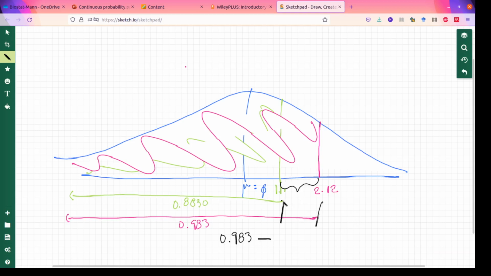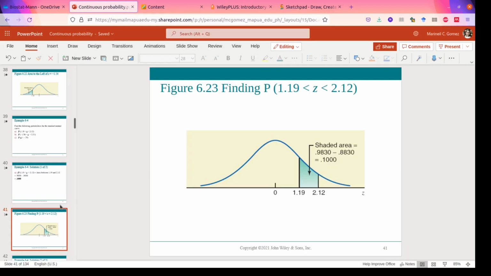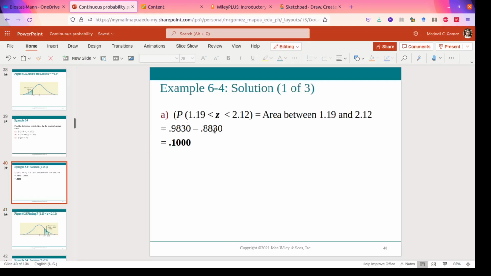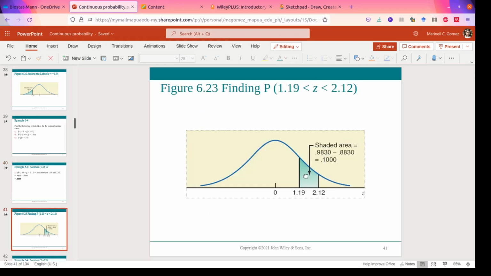And then minus, we don't want the areas to the left of 1.19, so minus 0.883. And so we will get our values now. So this is actually our probability. So 0.983 minus 0.883, that's 0.1. So the value that we are looking for between 1.19 and 2.12 is 0.1. So basically, that's how you do the distribution curve.